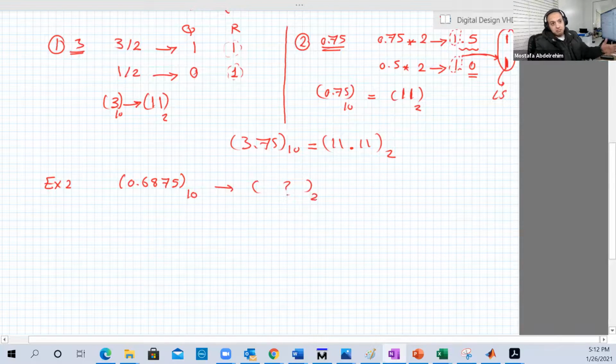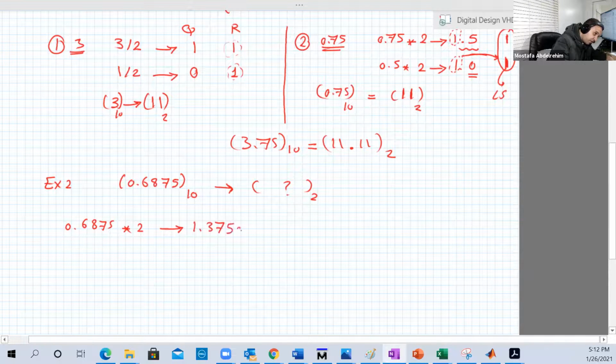Everything is a fraction, so we'll just multiply. 0.6875, we multiply by 2. When we multiply this by 2, this will give us 1.3750.